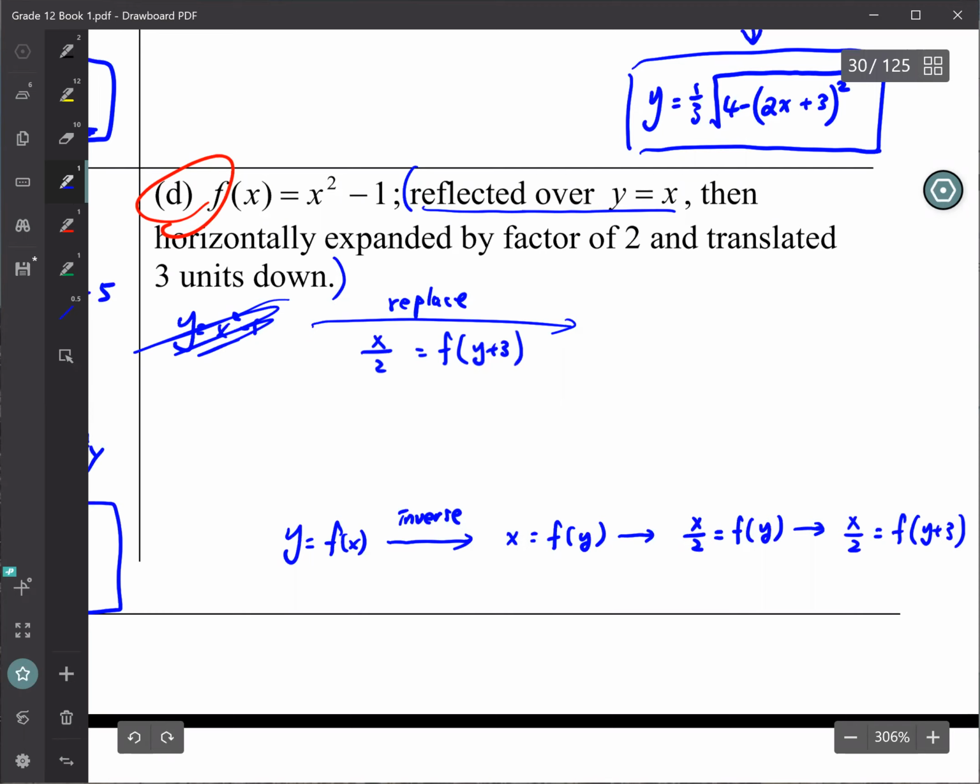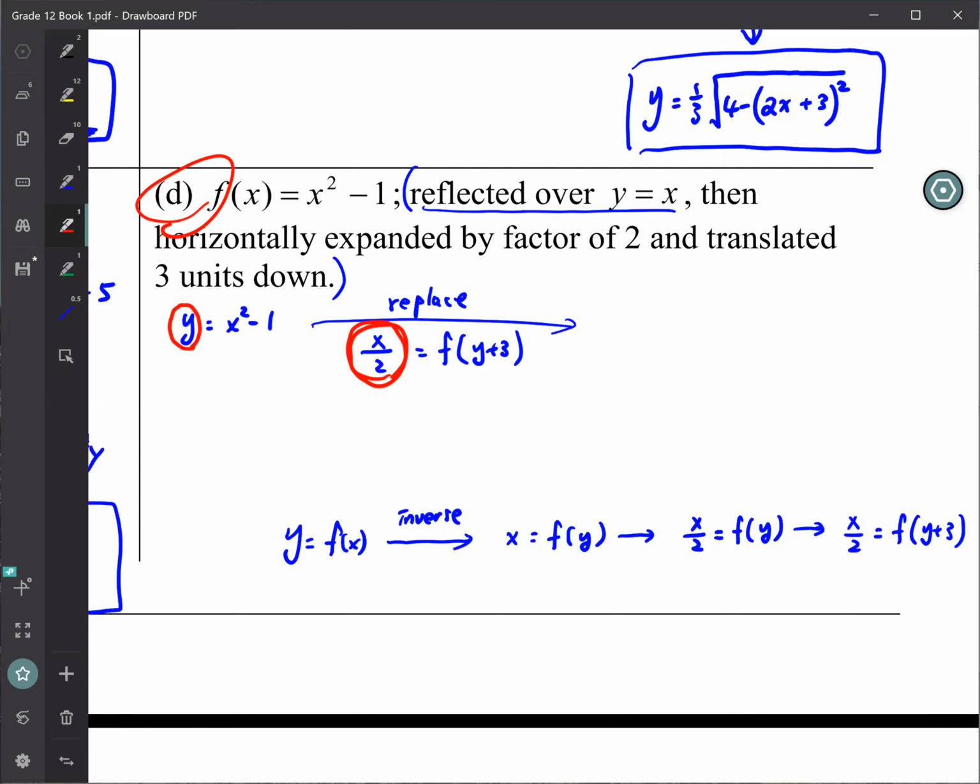Okay, so you use that to replace the original one. The original they give you is y equal x squared minus 1. Because this one has an inverse, what used to be y will become x, and what used to be x will become y. So your x here is going to replace the y part.